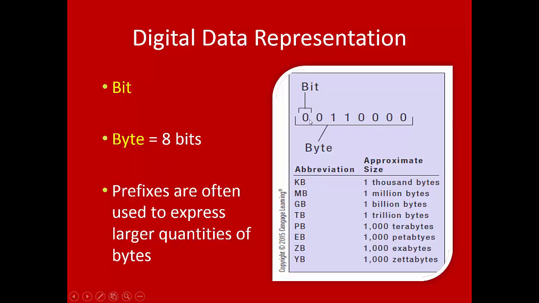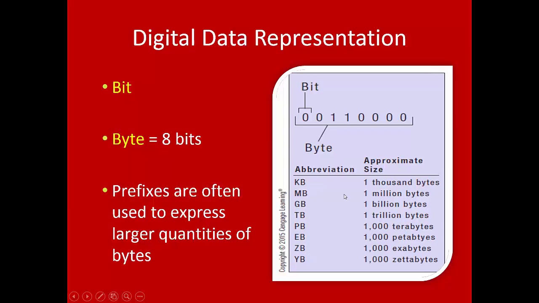And then there are abbreviations for terms that I'm sure you have heard over your lifetime: kilobytes, megabytes, gigabytes, terabytes, petabytes, exabytes, zettabytes, and yottabytes. These are different measures of bytes.